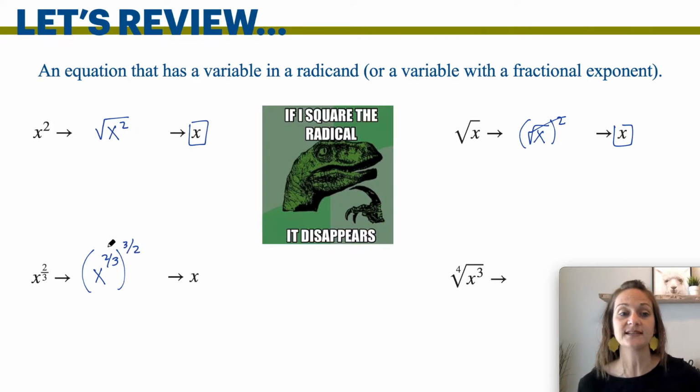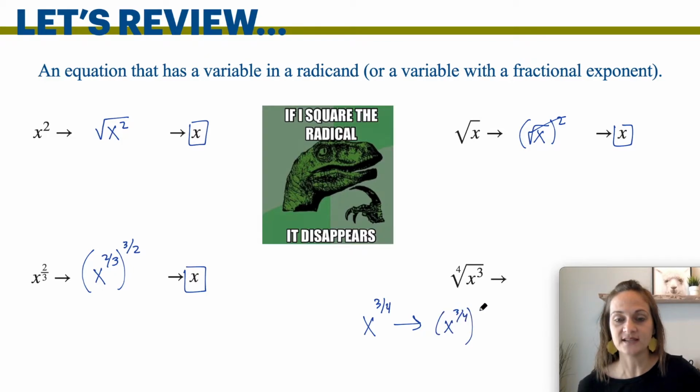I would raise it to a power of 3/2 because 2/3 times 3/2 cancel each other, giving me x. So if I had the 4th root of x cubed, that's the same thing as saying x to the 3/4. Therefore, I would need to raise it to the 4/3 power in order to get x as my answer.